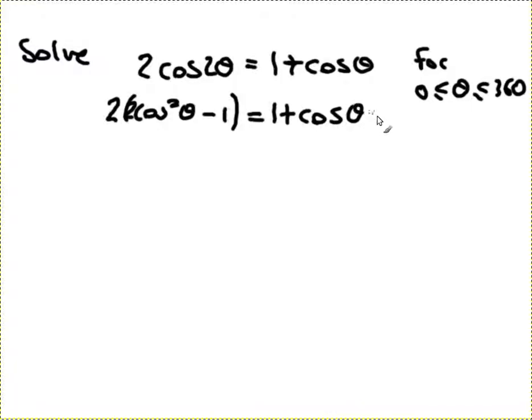Now, as I've mentioned before, once you've got them all in terms of single angles, it might be better to write it as just 4c squared minus 2 equals 1 plus c. It just makes it a bit clearer. That gives us 4c squared minus c minus 3 equals 0.